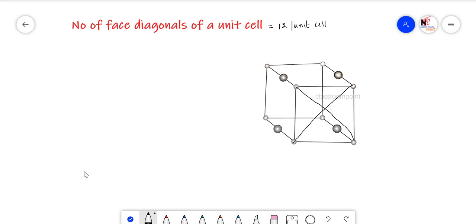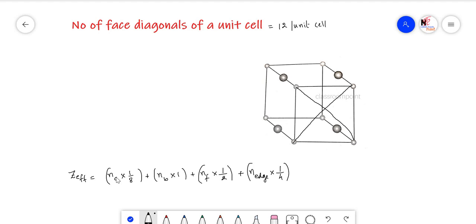So in any unit cell, Z effective can be calculated by using the formula: number of corner atoms into 1/8, plus number of body center atoms into 1, plus number of face center atoms into 1/2, because each face center atom is shared between two, plus number of edge center atoms into 1/4.